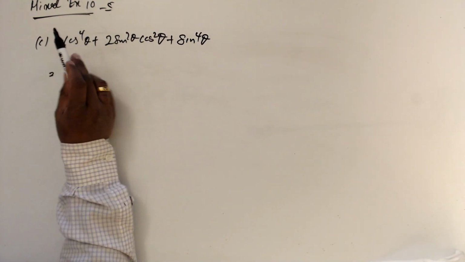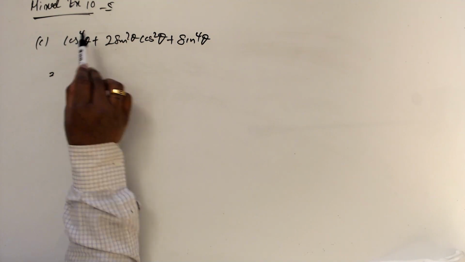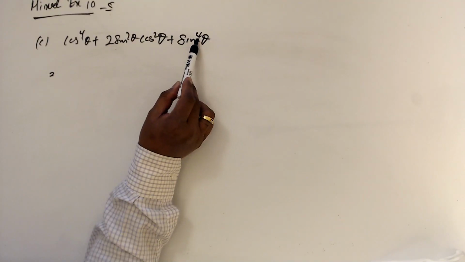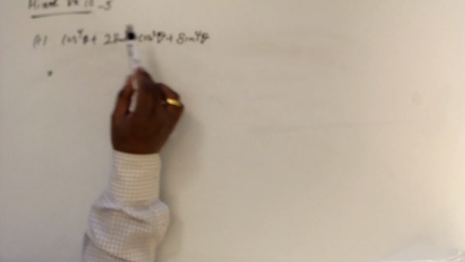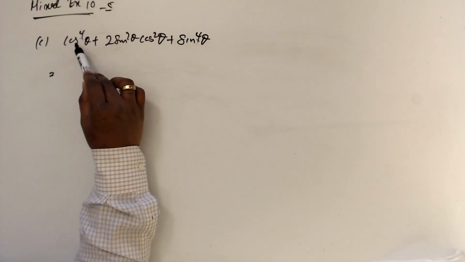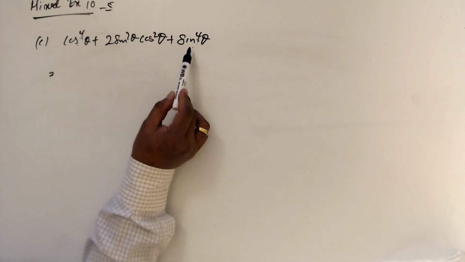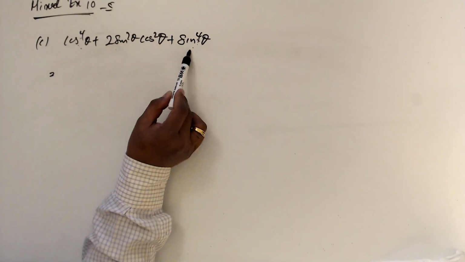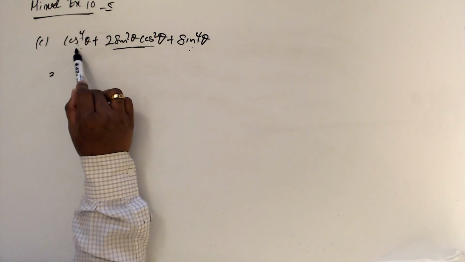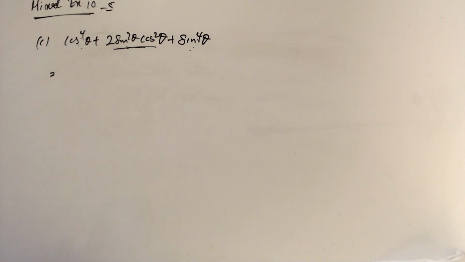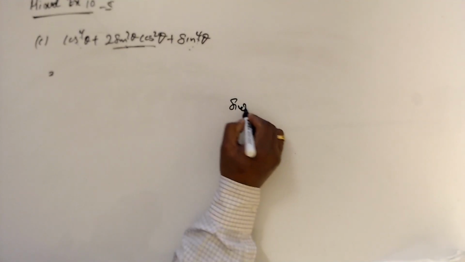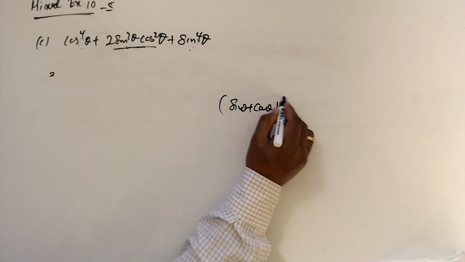Usually if you see that those are even powers rather than odd, and you can see two terms like this and the combination of those two in the middle, so a sine and cos combination, then you want to think: sine theta plus cos theta, what is the expansion?